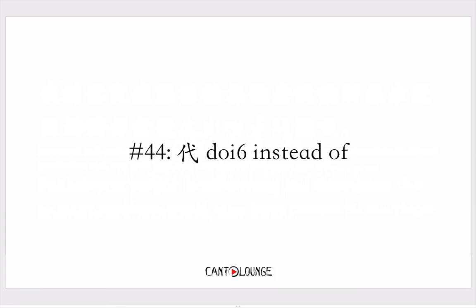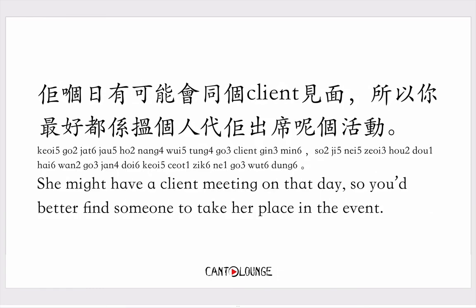Let's have a look at an example. 佢嗰日有可能會同個 client 見面，咁所以你最好都係揾個人代佢出席呢個活動。So 佢嗰日, on that day she, 有可能會, may, 同個 client 見面, meet with the client, 所以, so, 你最好都係, you'd better, 揾個人, find a person, 代, instead of her or to take her place, 代佢出席呢個活動, to attend this function, right?